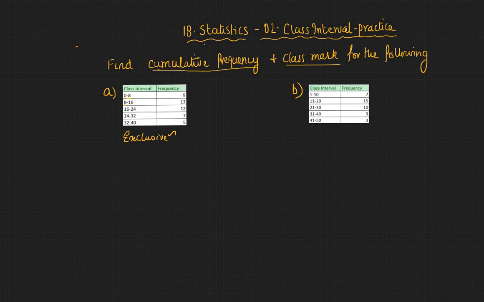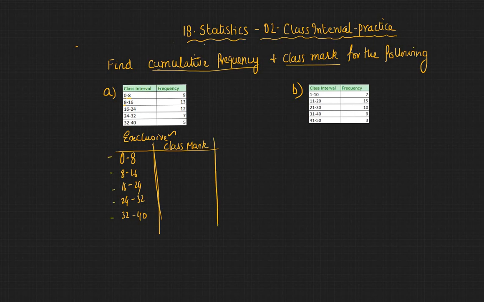So let's now find the cumulative frequency, which would be 0 to 8, 8 to 16, 16 to 24, 24 to 32, and 32 to 40. The first one, let's see the class mark. A class mark would be an average of each of these entities.